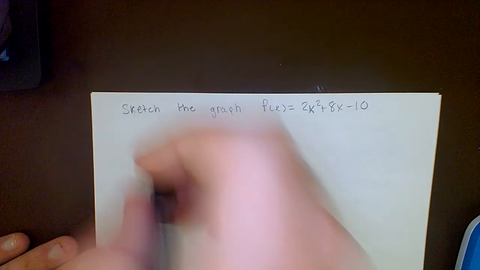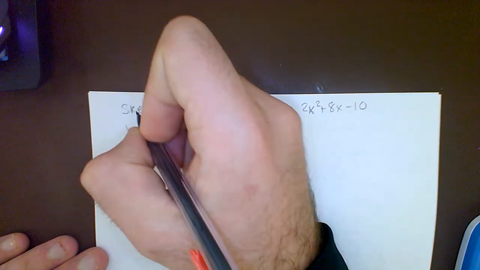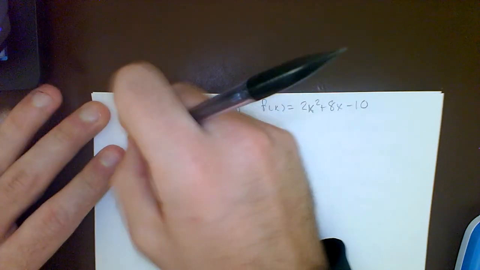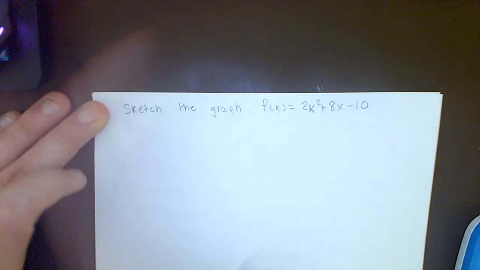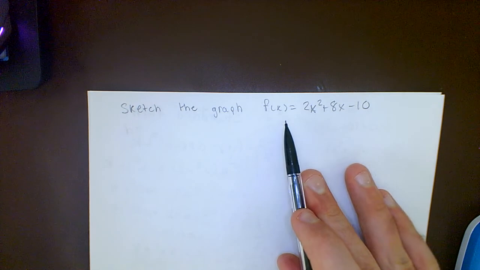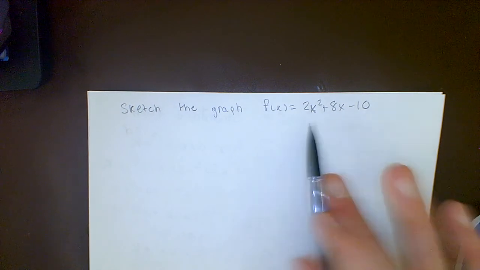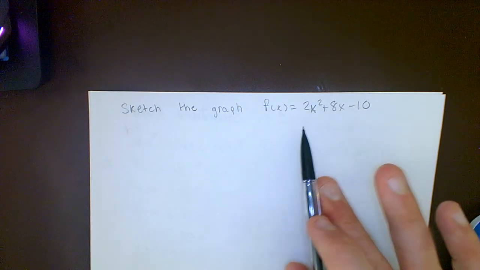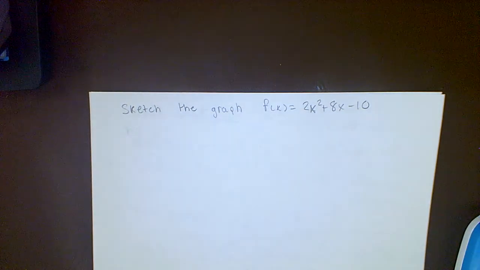So again, just to remind you what we just did, h is equal to, here, let me explain. Before they asked us to graph a quadratic that's already in standard form, but now they ask us to graph one that's in general form.